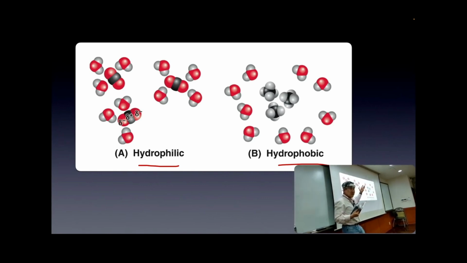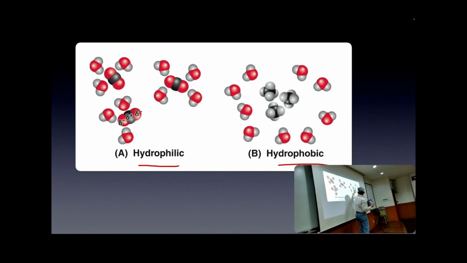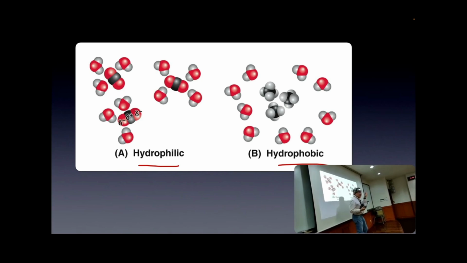Oxygen is always electronegative, so you become polar. But here you have one carbon and four hydrogen, right? So it's non-polar. You don't have any area to generate any kind of partial charge over here. No one is so greedy about electrons in this particular molecule. So you become a non-polar molecule.